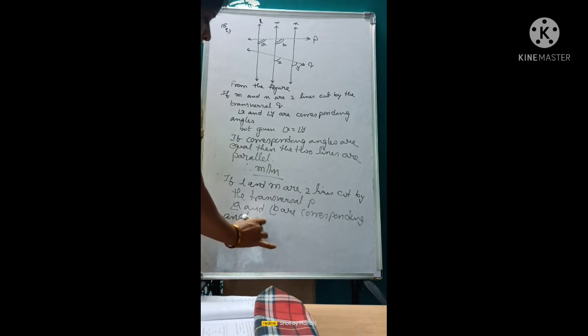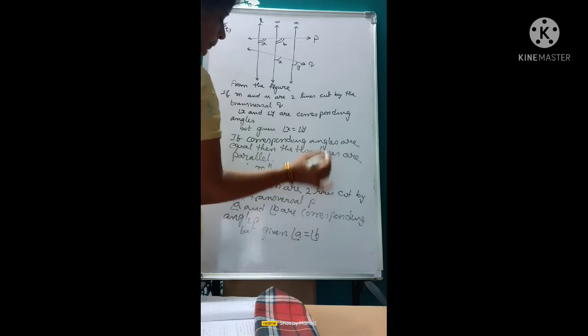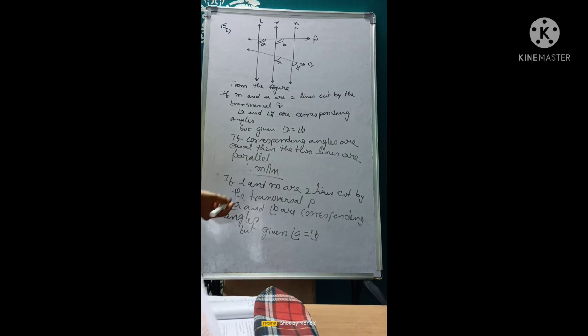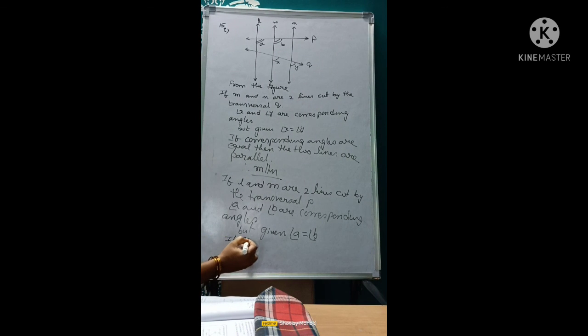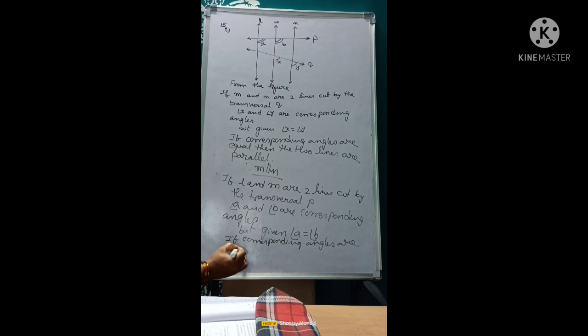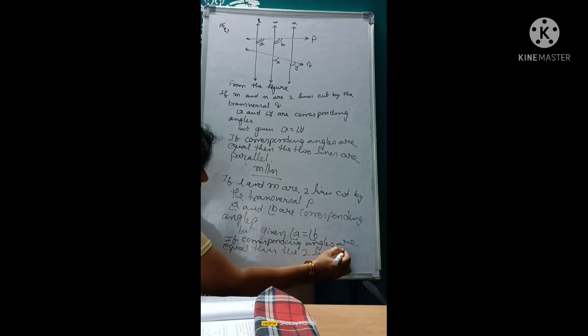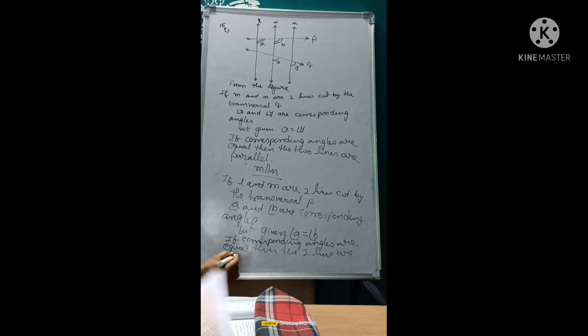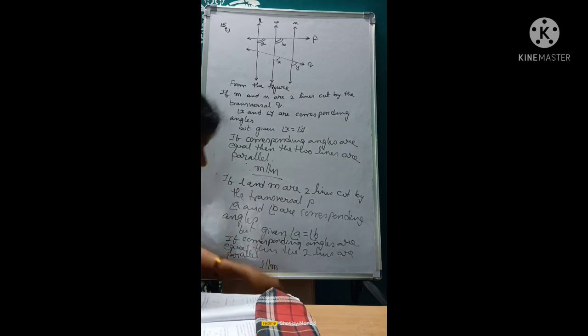But given angle A equals angle B, and if corresponding angles are equal, then the two lines are parallel. So L is parallel to M. Up to here, is it clear now?